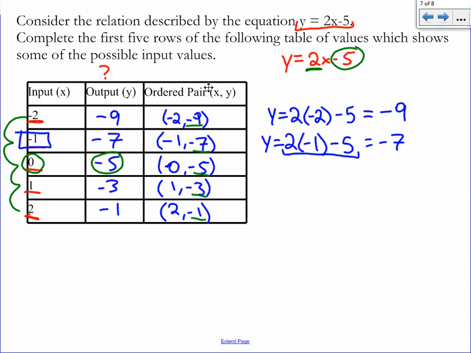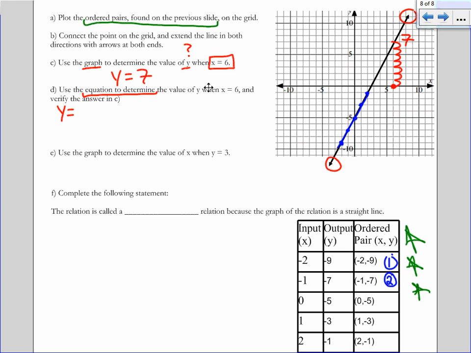So we have y equals 2 times 6 minus 5. If you put that in your calculator, you'll get that y equals 7, which is exactly the same as what we said when we looked at our graph. So by knowing how to look and analyze a graph, you can actually skip having to do mathematical work like this.